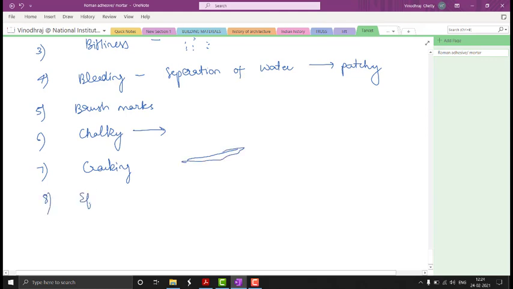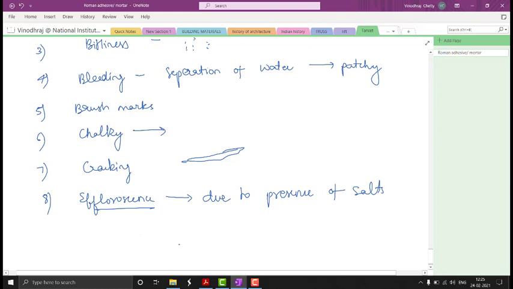And the eighth one is efflorescence. So efflorescence is basically, I would say, decay of paint due to the presence of salts. Okay, due to the presence of salts. Mostly in damp areas, efflorescence takes place. Paint will actually peel off the surface. If you Google the picture, you can understand it better.